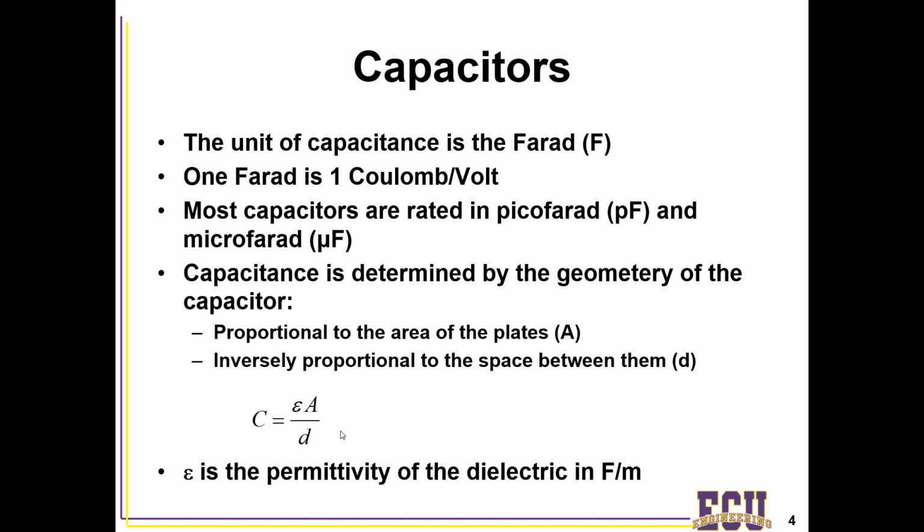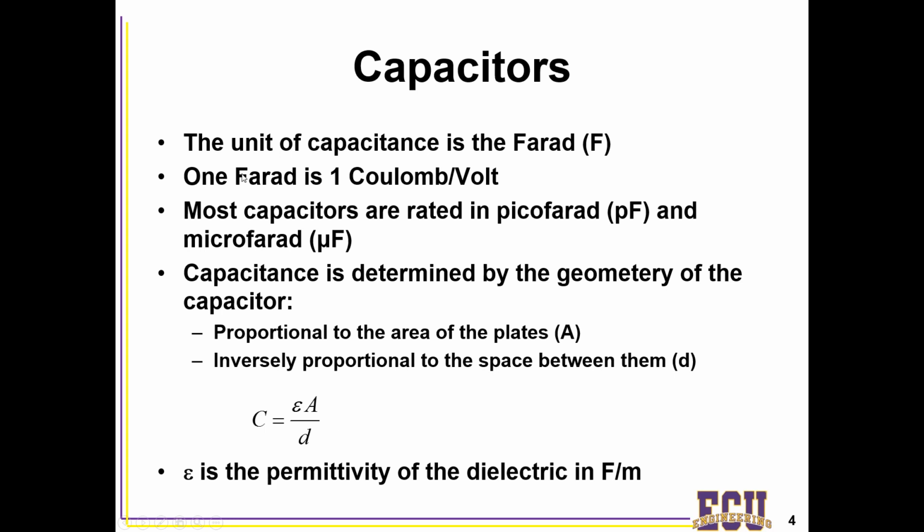The bigger the area of those plates, the more the capacitance. And then, of course, depending upon what is between them, whether it happens to be a dielectric paste or cardboard or ceramic, you're going to see different permittivity in the film. That is going to be given in terms of farads per meter.